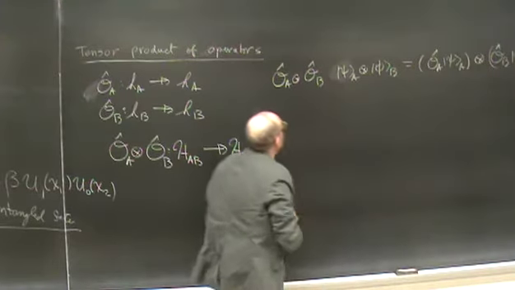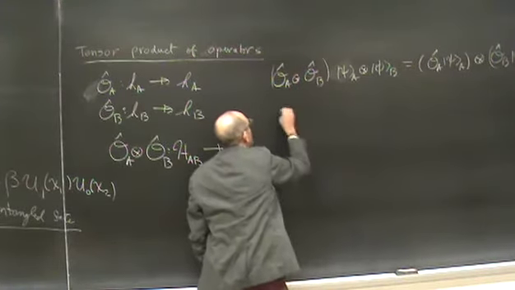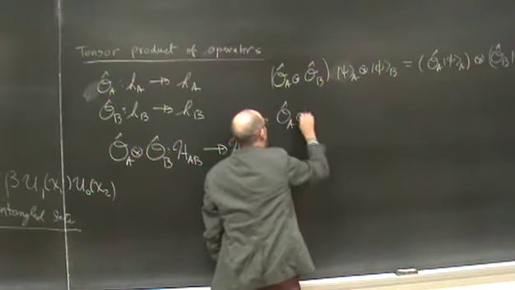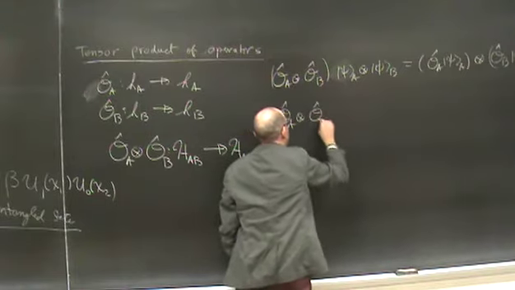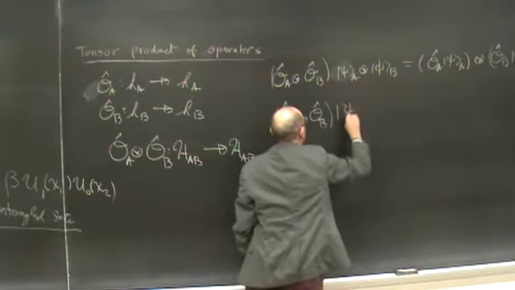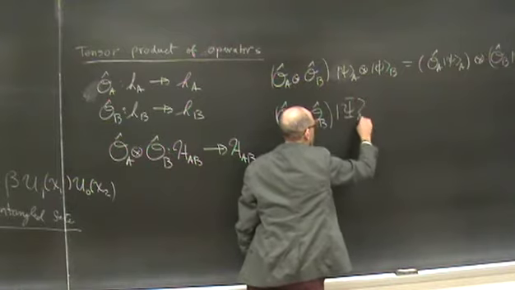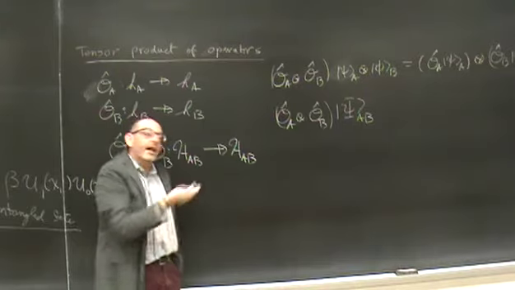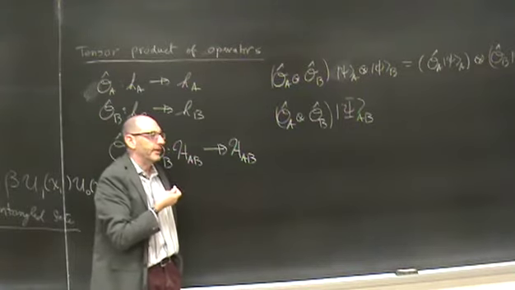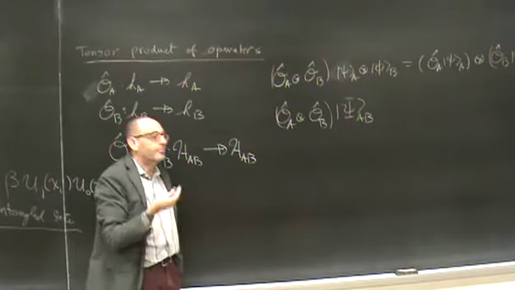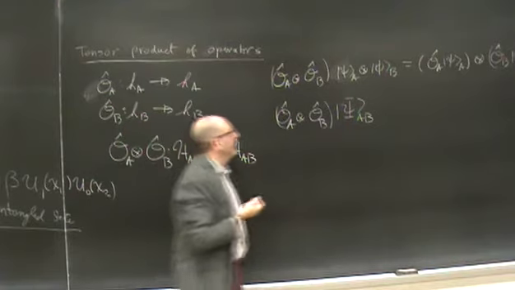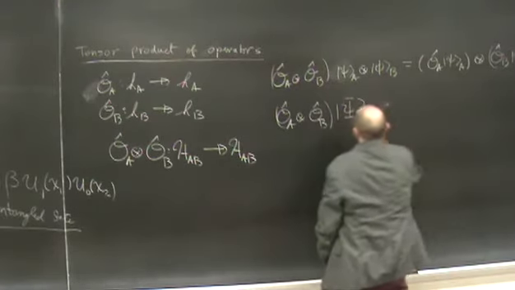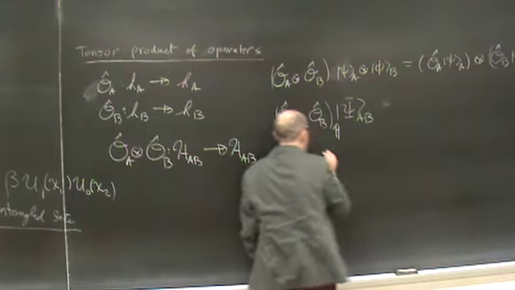That's by definition. Now, what would you do if this tensor product acted on some general state, where you don't know whether it's a product state? Well, I can always decompose it in a basis of product states. So I can insert a resolution of the identity.